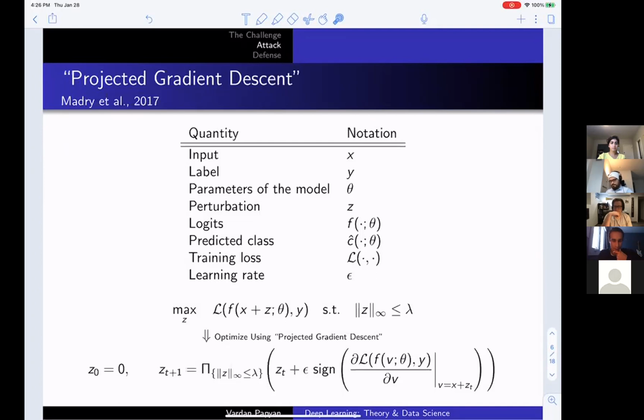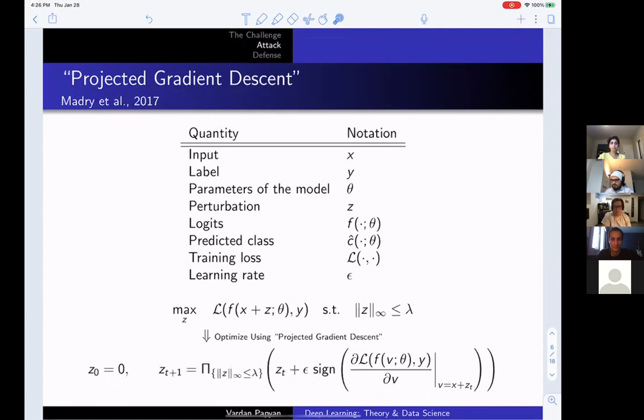Now, what they're proposing is an algorithm that initializes the perturbation to be a zero vector, right? And then you take z_t, you do something that looks like a gradient step.